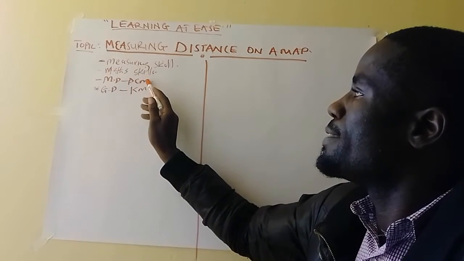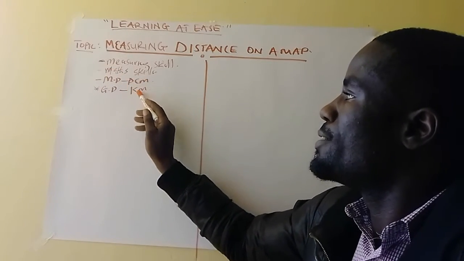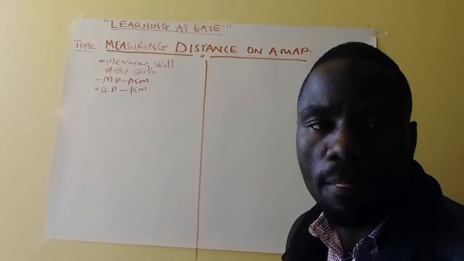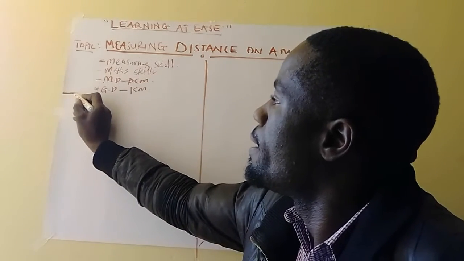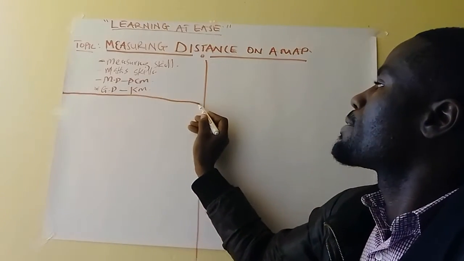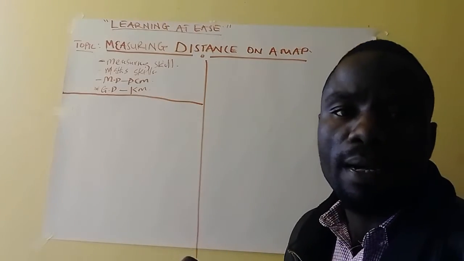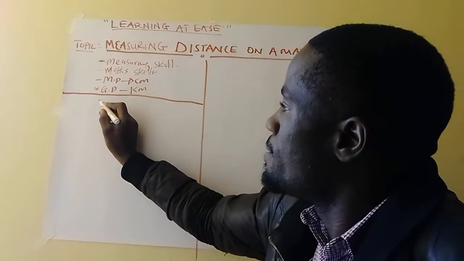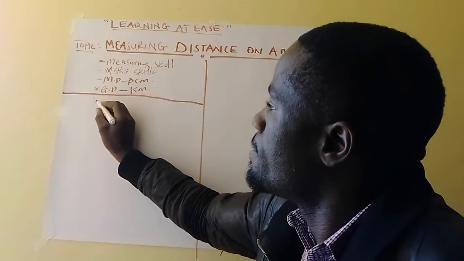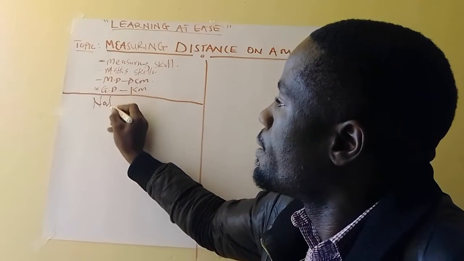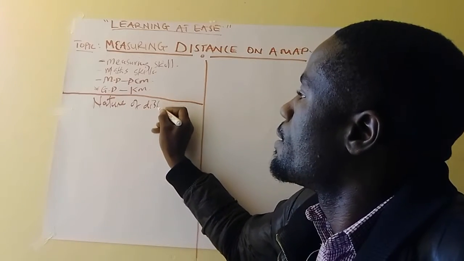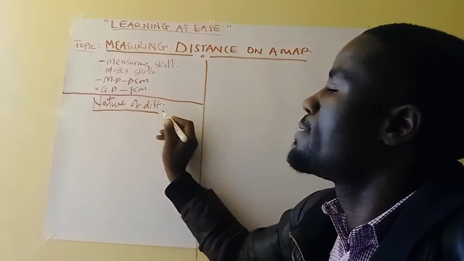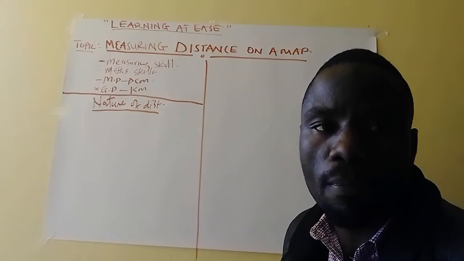Can you convert the distance you have got here into actual ground distance? So as a learner, after knowing this, now we ask ourselves, what is the nature of distance that is being asked? Nature of distance on the map. This is the first thing you ask yourself.